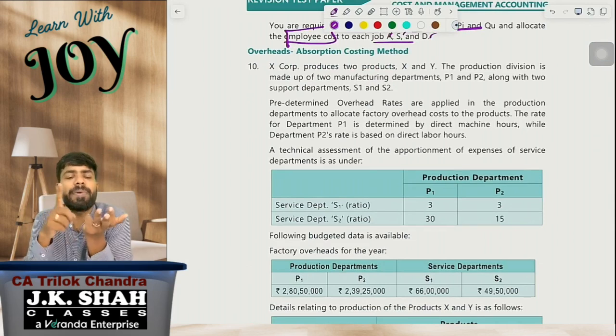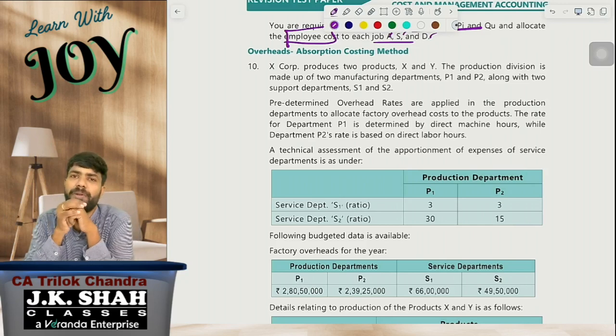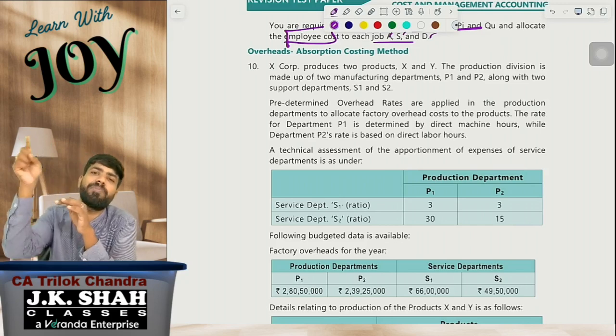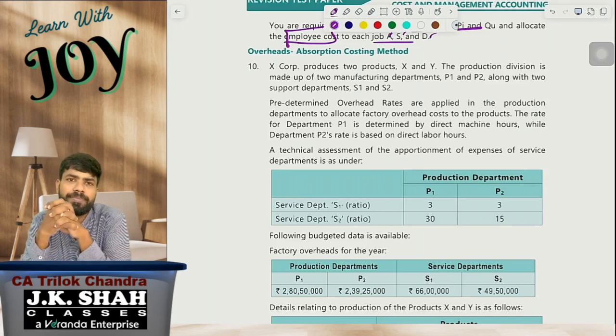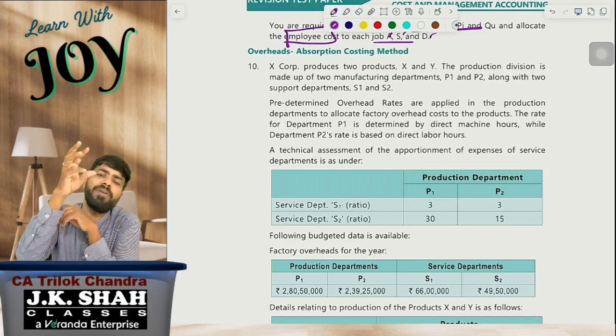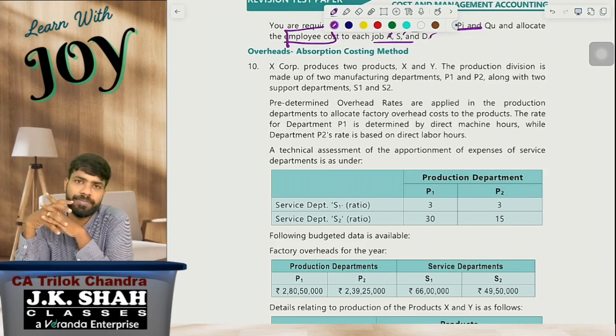Number one, we need to do the secondary distribution. We all know that secondary distribution means apportioning service department cost to the production department. After doing that, service departments will become zero. Entire cost accumulates in the production department. From the production department, we are going to charge it to the finished products.